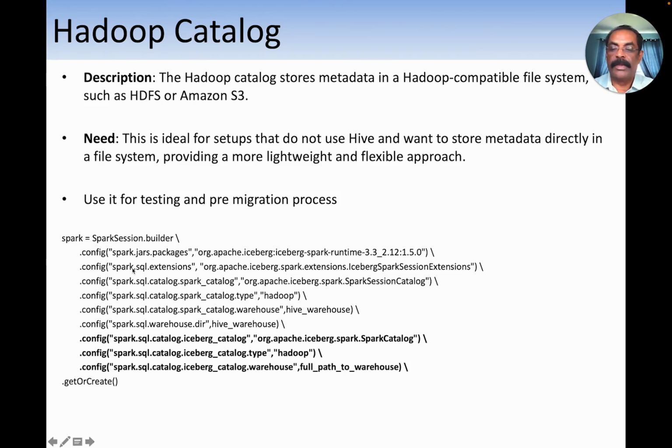Of course, I can use the Spark catalog as a prefix, as a namespace. Okay, so this is the Hadoop catalog. Again, the Hive and Hadoop configurations are exactly the same. The only difference is that with Hive, you have to give the location of your thrift store.